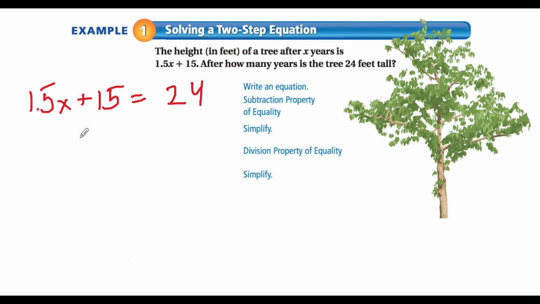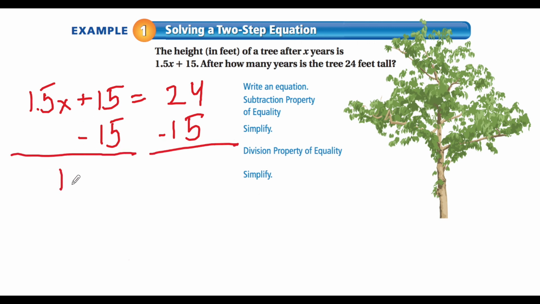So the first thing we have to do is try to isolate x. So we have to subtract 15 from each side. That'll leave us with 1.5x is equal to 9. Now we have 1.5x is equal to 9. We still want to try to isolate x. So 1.5 is attached to x right now by multiplication.